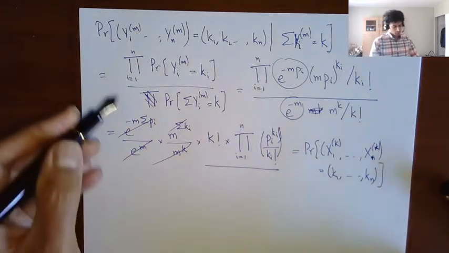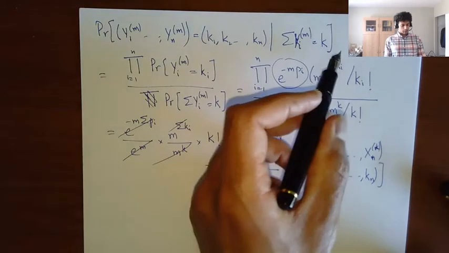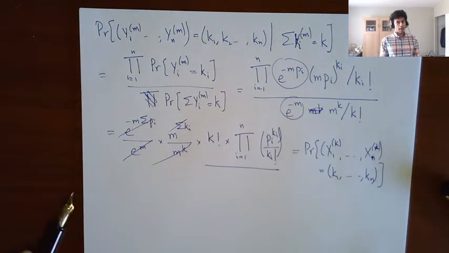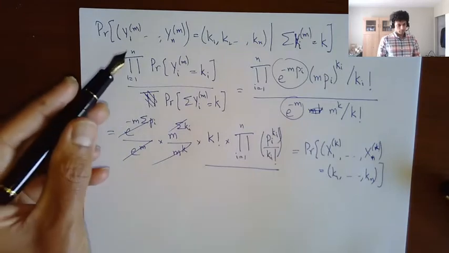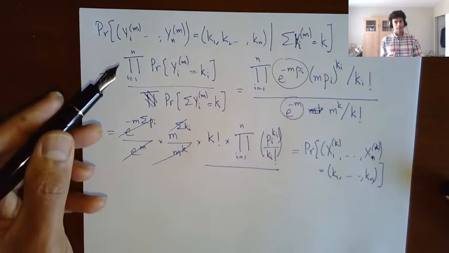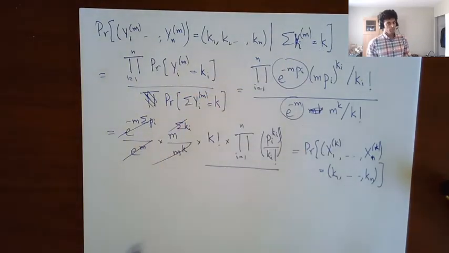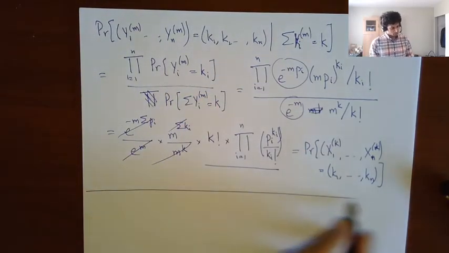And so what is magical here is that when you do this conditioning, the dependence on m disappears. Even though the Poissons involve m as their parameter, when you condition on the sum, the dependence on m disappears.